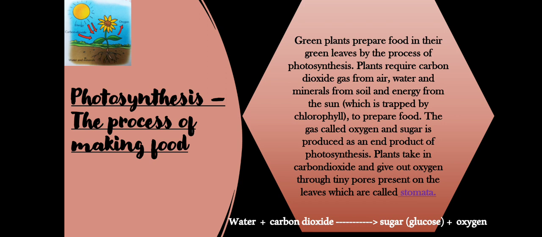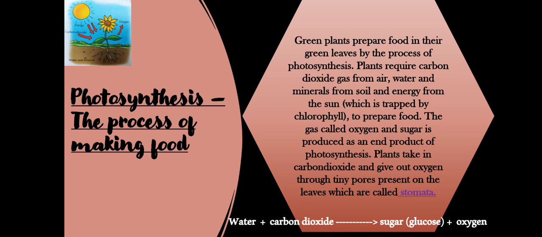Photosynthesis is the process of making food in the green leaves. Green plants prepare food in their green leaves by the process of photosynthesis.